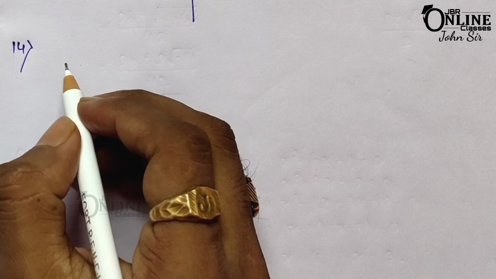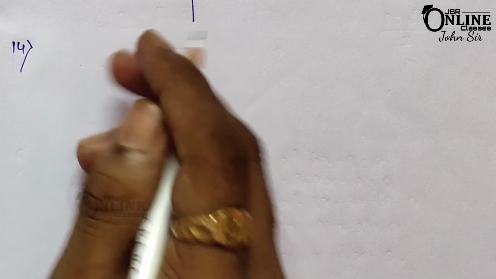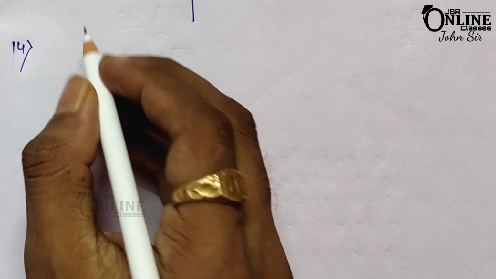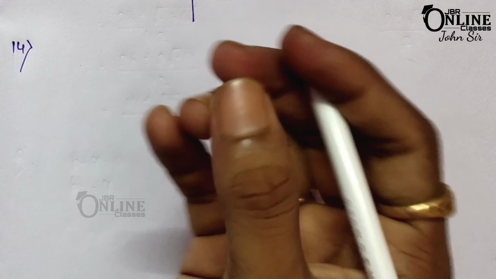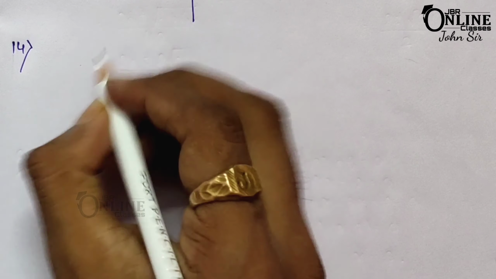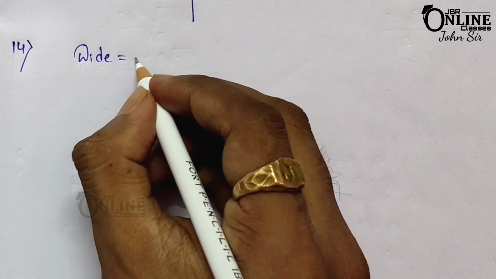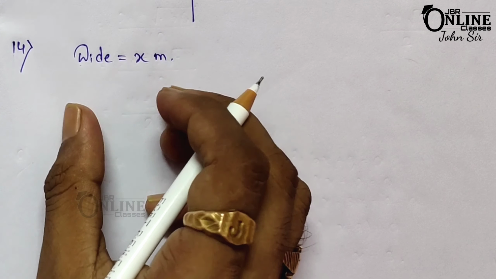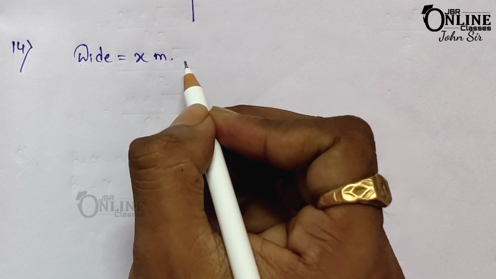Now sum number 14. Originally a rectangle was twice as long as it is wide. So that means if you consider the width of the rectangle equal to x meter, that means the breadth of the rectangle equal to x meter.